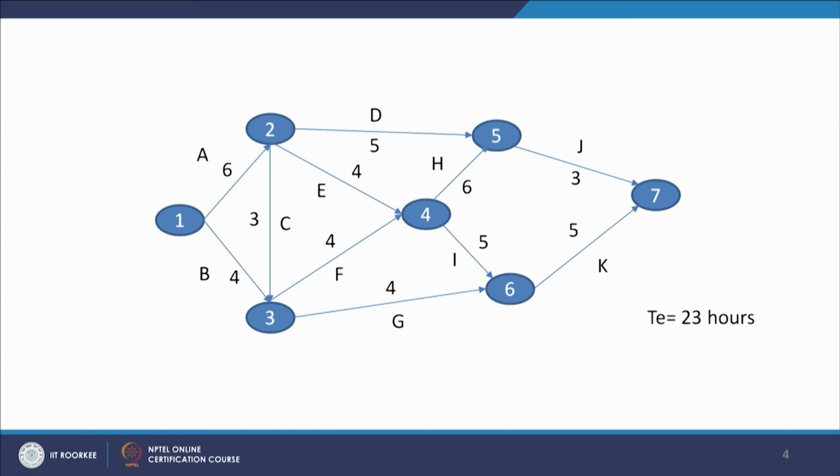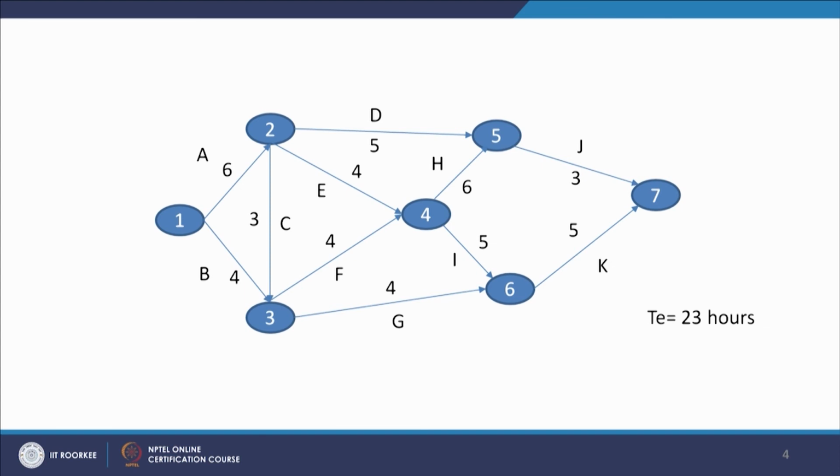We can write down all the paths, calculate the number of days required for completion of each path, and the maximum value will give us the longest path, which will be the minimum time required for the completion of the project. So that way also we can calculate.